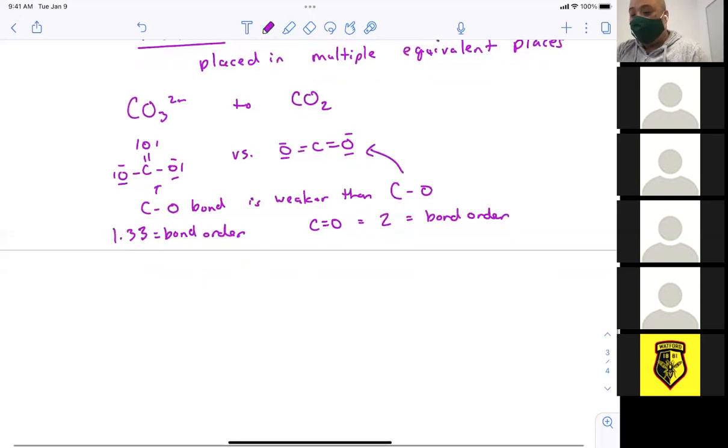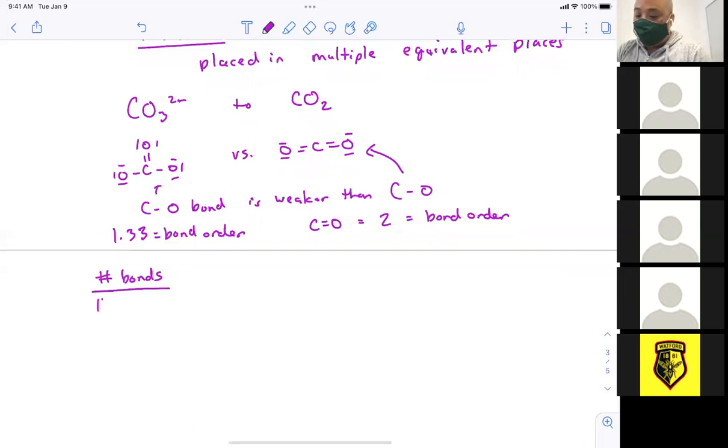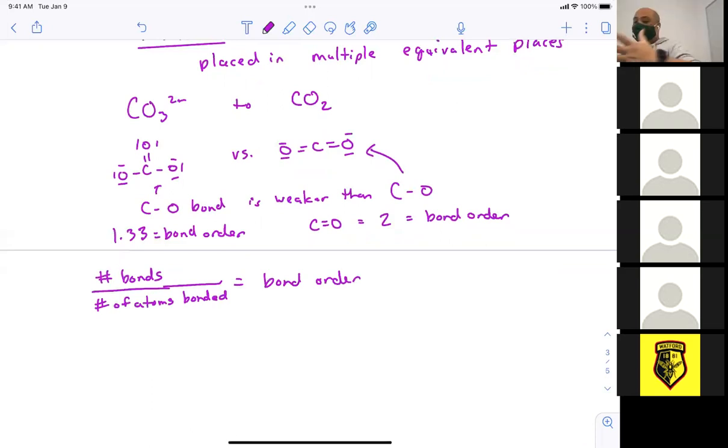So a bond order, like Marina said, the best way to think of bond order is number of bonds divided by number of atoms bonded. That's bond order. For CO3 2 minus, it's 1.33. For CO2, it's 2.